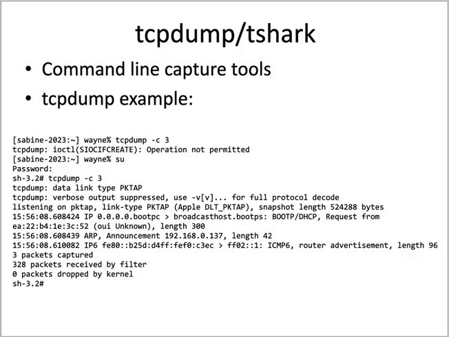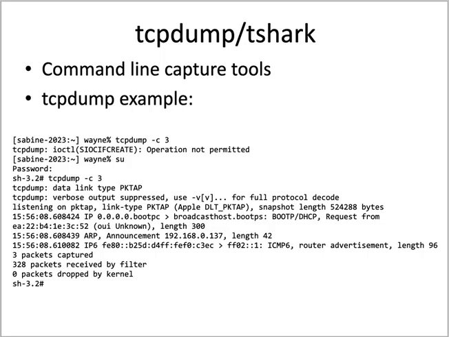So then I SU'd, which is substitute user, but SU with no arguments will SU to root. Once I log in, I'm logged in as root, which is the administrative account on Unix machines. I issue the exact same command again, and now notice I do get capture and information on 3 packets. And then it gives me some statistics.